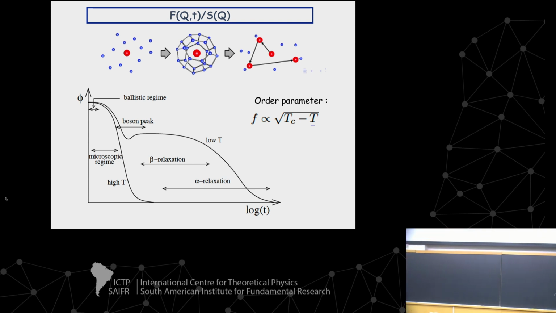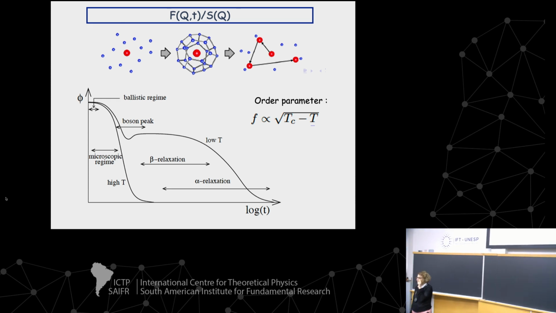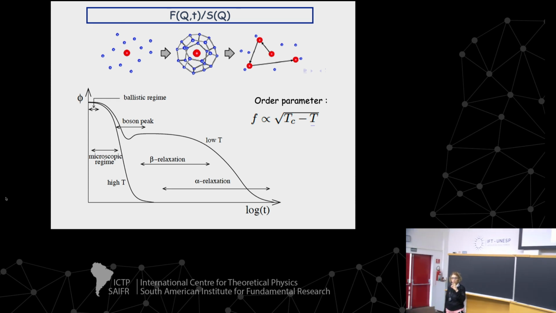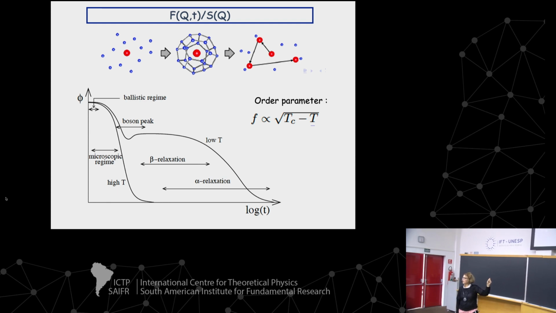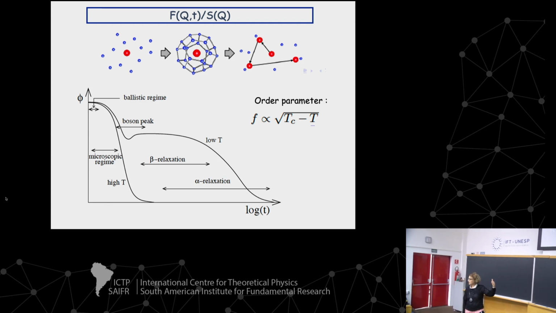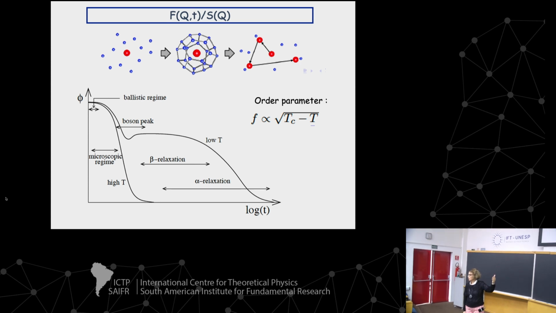And it's a collective phenomenon, but as you might remember, I told you that in the self part, which is the dynamics of the single particle, even though you have a collective phenomenon and you should see it better in the coherent part, you can see it also in the self.